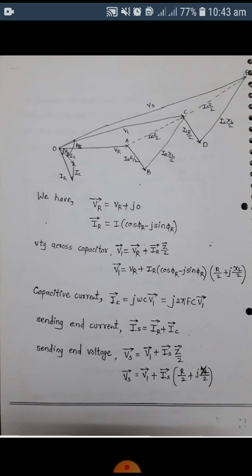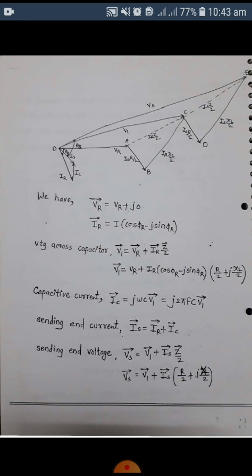Now similarly we have to draw again Is into XL by 2. This is the reactive drop of the first section. So that Is into XL by 2 drop will lead the current Is by 90 degrees. So from point D, I will draw the phasor Is into XL by 2.